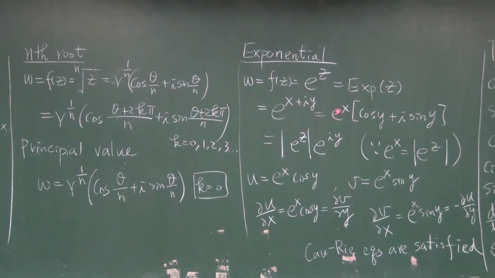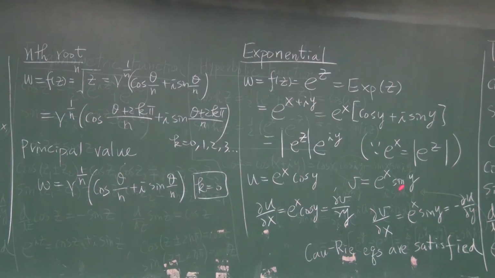We can also write this term as this term, the absolute value of exponential z, because we have this relation. In this way, we can decompose this function into the real part and the imaginary part, u and v here. We can check that the Cauchy-Riemann equations are satisfied easily. You can do it by yourself.